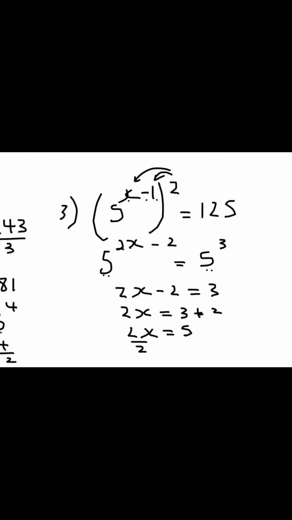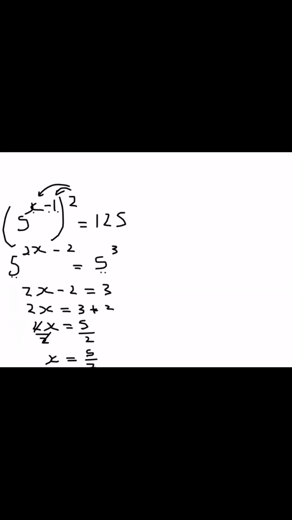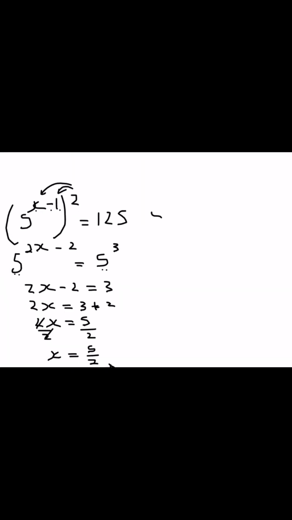You need to remove that 2 so that it cancels completely. Remember, the main aim is for you to finally say a letter equals a number, and that should be the end of it. And quickly just double check: that by that, that by that. Yes. And then you've got the exponents being equated, and then you solve. That goes to the other side, becomes 5, and you divide by that so it cancels, and that should be the end of it.